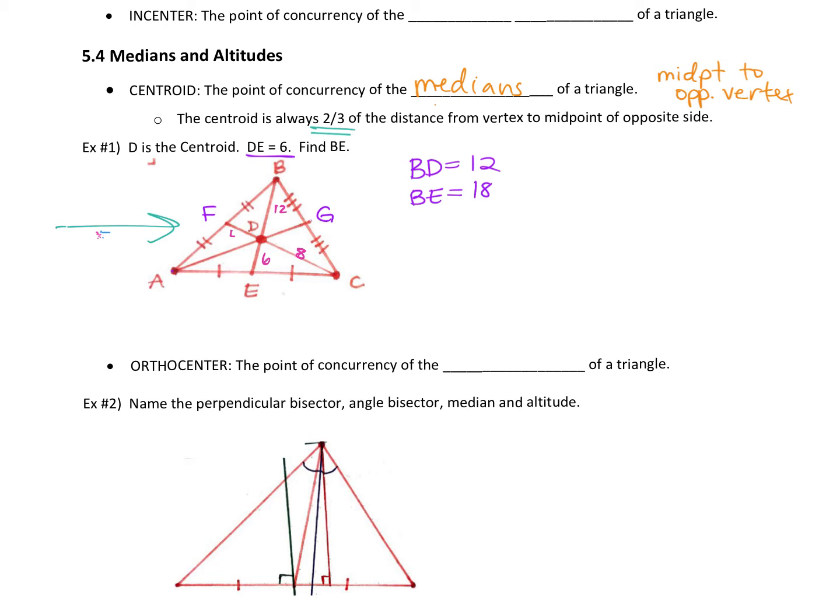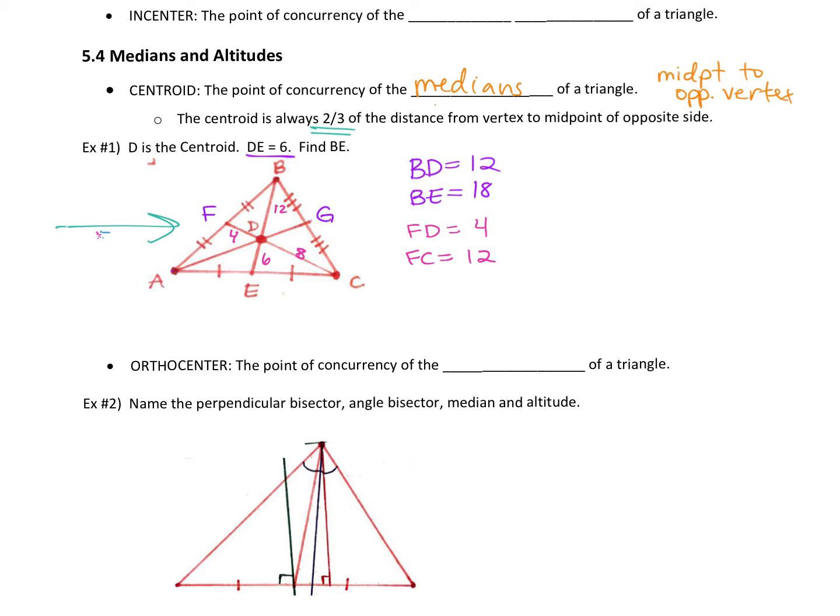What is FD? 4. FD would have to be half of that, or 4. So if I know the bigger piece, the smaller piece is half of it. If I know the smaller piece, the bigger piece is double it. What's the whole thing? What is FC? 12. FC is 12.